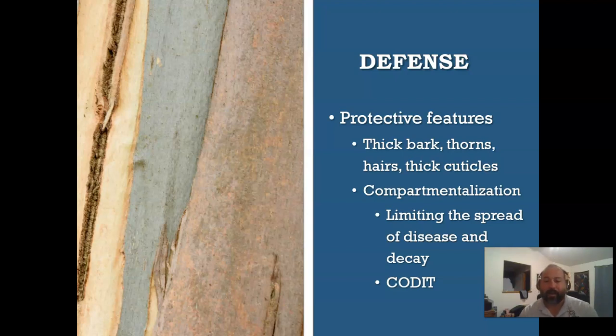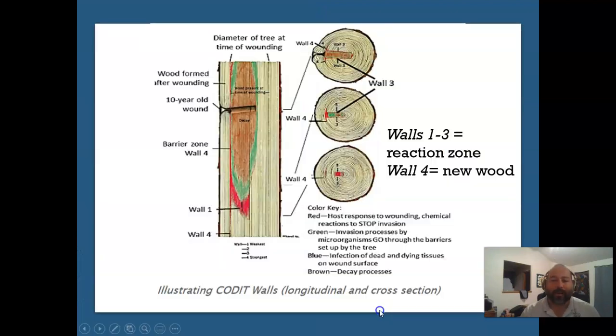You also have compartmentalization. So that's the idea of trying to limit the spread of disease and decay. And we have this idea of CODIT, which is compartmentalization of decay in trees. And so what that is, is this theory that trees will create four walls to try to limit the spread of disease within the tree.